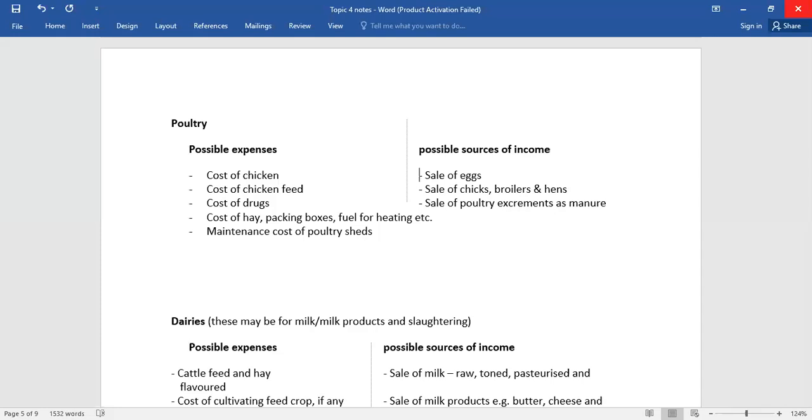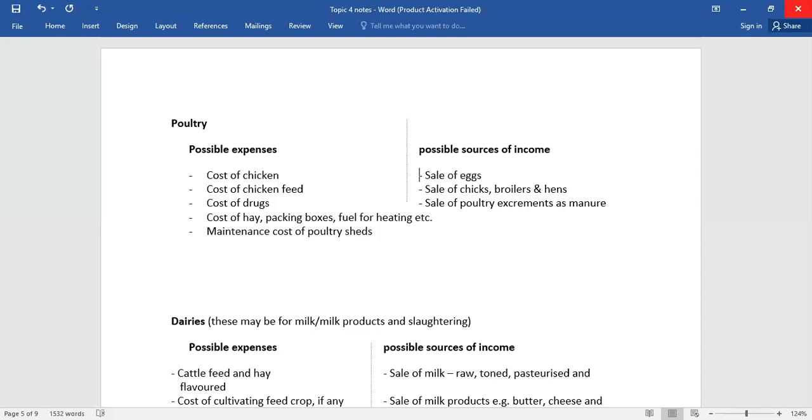On the credit side, we have the sales of eggs, sales of chicks, if you are doing brooding, the sale of broilers, hens, etc. Or the sale of poultry excrement, the manure.